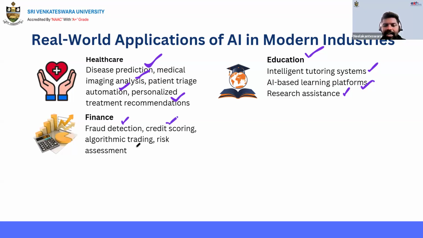I already told you about credit scoring and algorithmic trading. The traders will know about these things. And risk assessment. Suppose you want a bank loan, they will consider all your previous details like your salary, your expenditures, and whether you are married or unmarried.